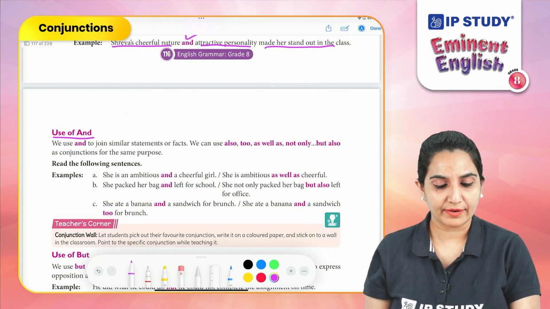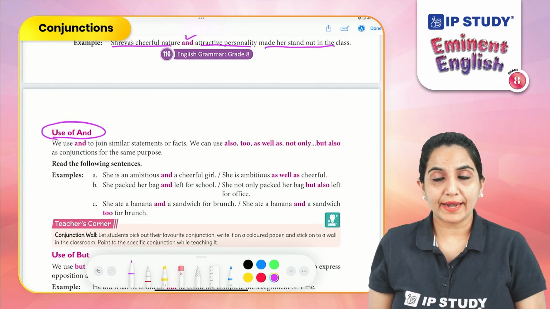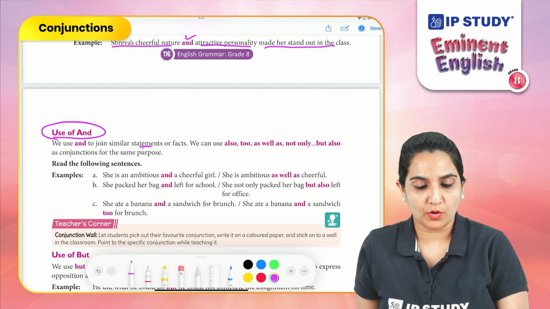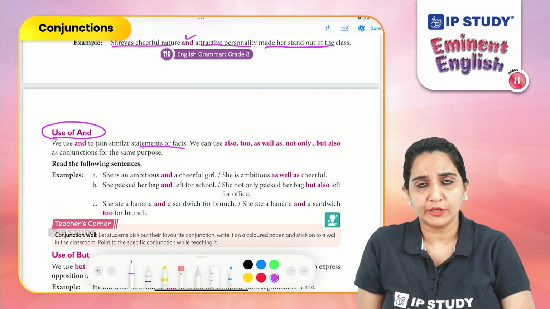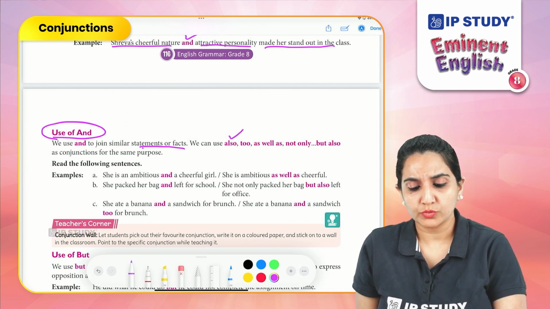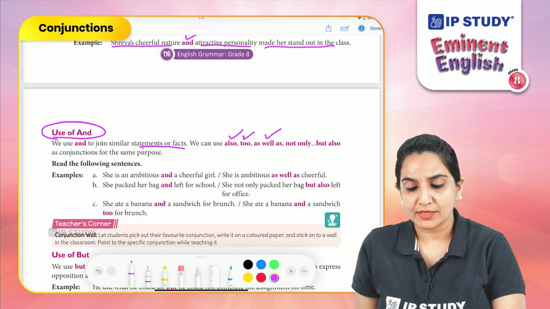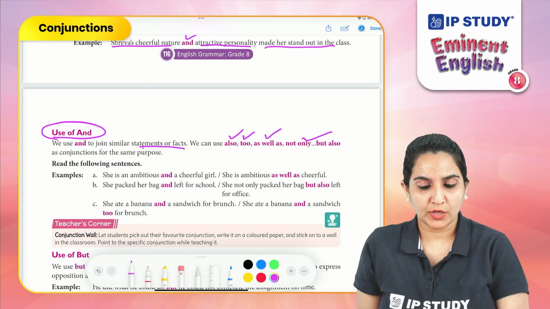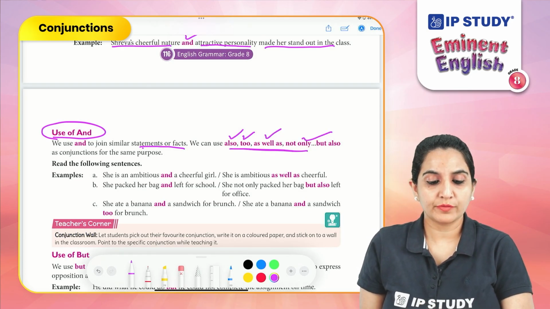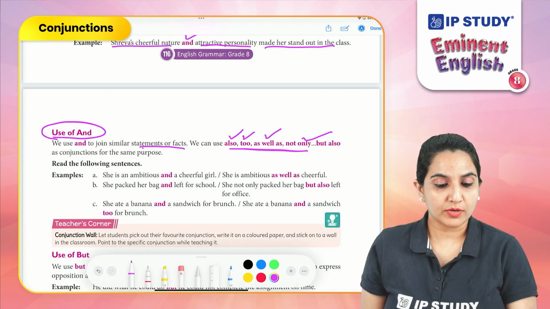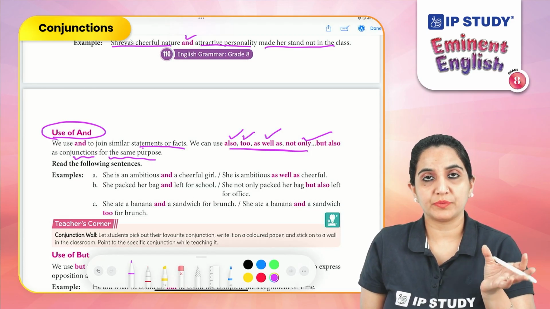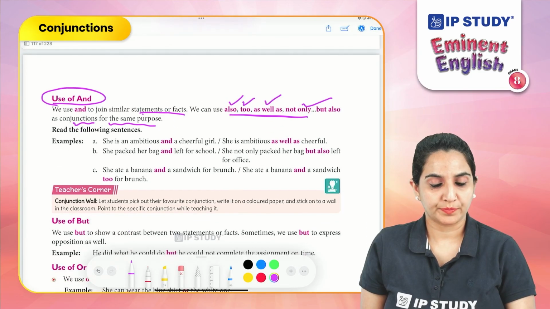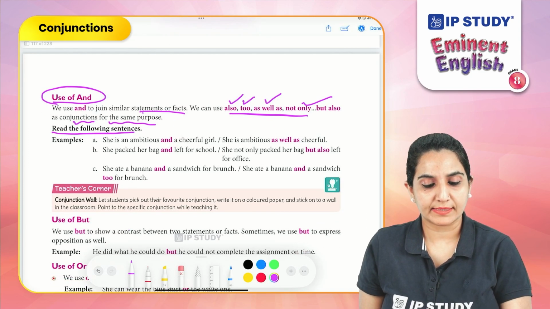Use of and. We use and to join similar statements or facts, right? We can also alternatively use also, too, as well as, not only but also to join these types of statements, because as conjunctions they serve the same purpose. Let us read the following sentences.